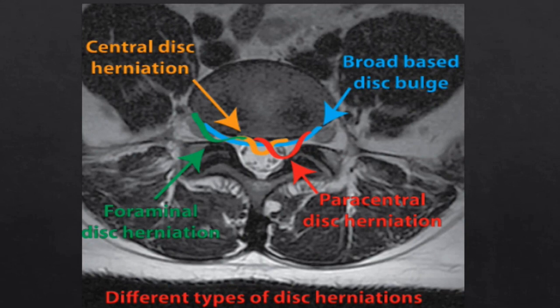So the question is, how do you interpret these types of findings? Is there a link between the finding that you have on this and the acuity of the process? In other words, do you see a herniation as an acute injury and a broad-based disc bulge as a non-acute injury, or how do you think of that?